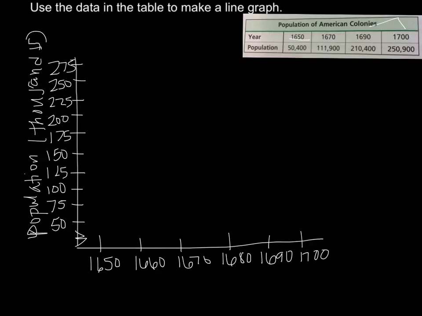Okay, so I have both my x and y axis. Oh, I don't have down here labeled. This one I need to label it. This is years. Okay, and then across the top I should put population of American colonies.